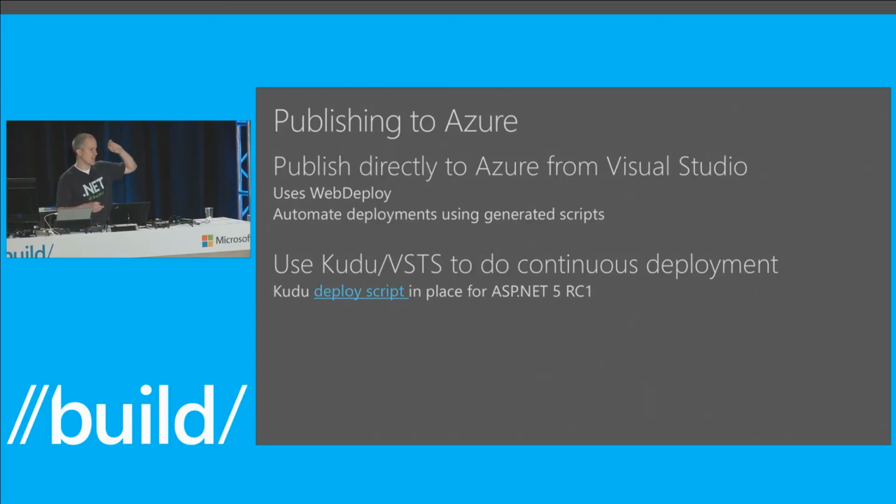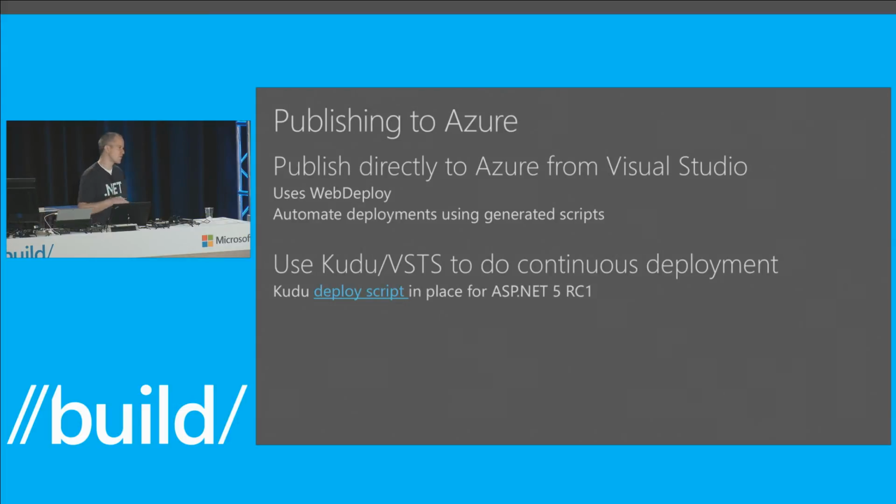And then what happens is there's literally a repo over on Azure where you've pushed your updated code, and you have a deployment script, like a deploy.cmd file, that kicks off and does the three magic steps. It will restore the packages, it will run a publish, and then move the published app into the actual Azure website that you set up. There's similar functionality available in VSTS, where you can set up a build flow and a publish flow into Azure.